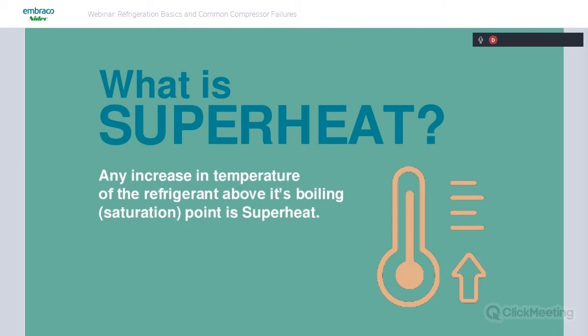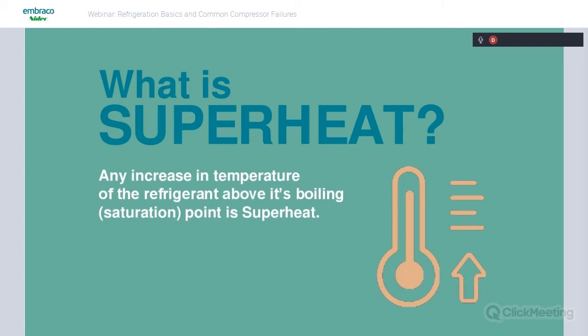Right now, what is superheat? Superheat is any increase in the temperature of the refrigerant above its boiling point. We also call that boiling point the saturation point. Anytime a liquid gets enough heat in it to where it boils, that's what we call the saturation point.